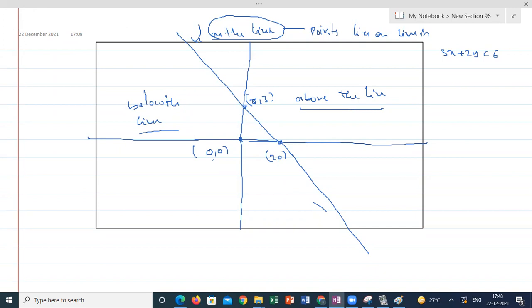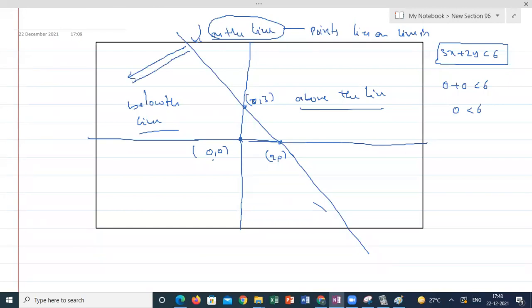Suppose I substitute the origin, which is below the line. So 0 plus 0 is less than 6. 0 is less than 6. Yes, the origin satisfies the given expression. That means the points which lie below the line are the solution set of this expression. So how will we represent it, because there are many points? You leave a little bit of gap.